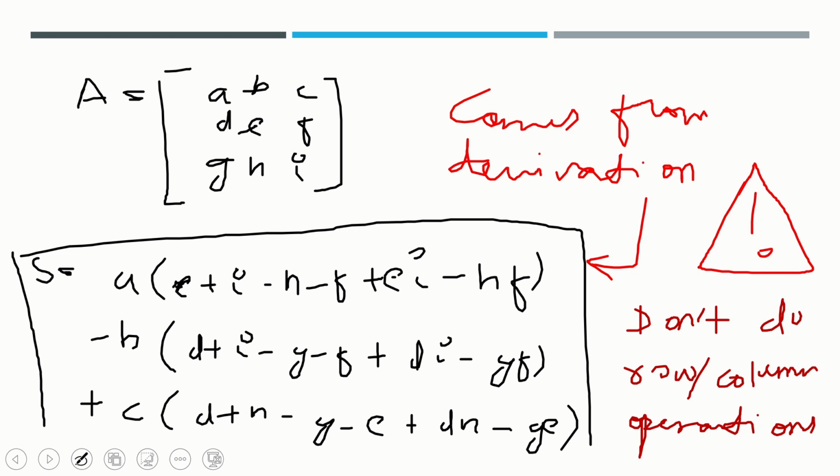Up to this stage you are intelligent enough to make a question of your own, and you can practice the S value also. I have also remembered this S value by practicing and practicing. So the only thing you can do is practice. Keep practicing and you will be able to remember this S value.